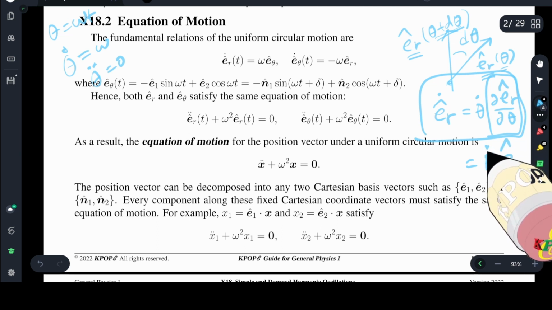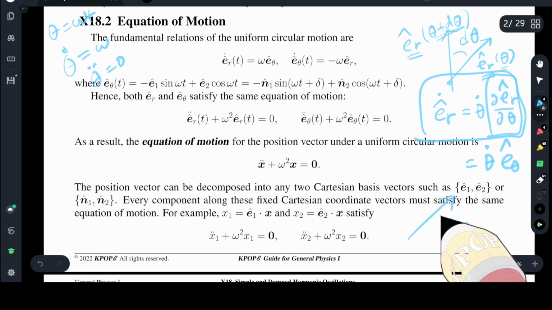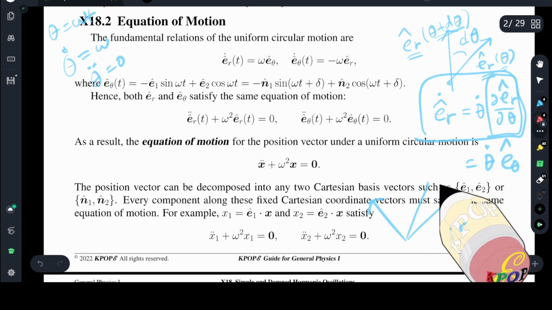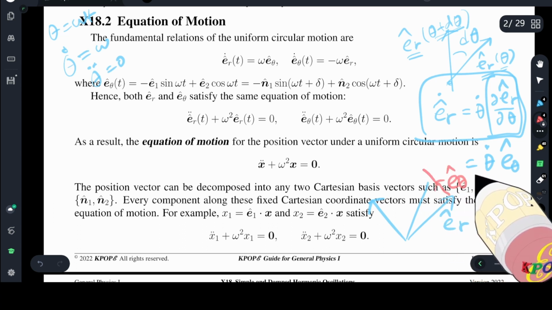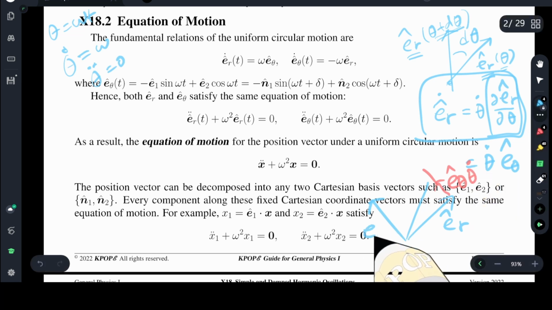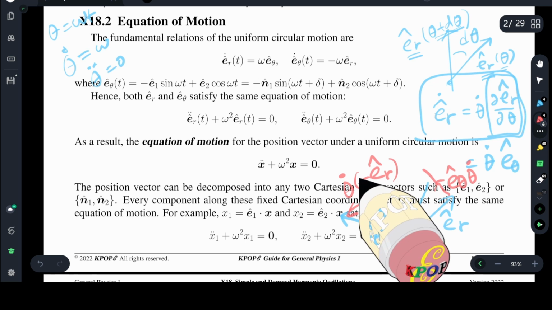In a similar manner, we can also find the derivative of e theta hat. The e r hat changes depending on time along the direction of e theta hat with the rate theta dot. In the case of e theta hat, it changes backward. So this change is proportional to theta dot, but its direction is along e r hat with a minus sign.